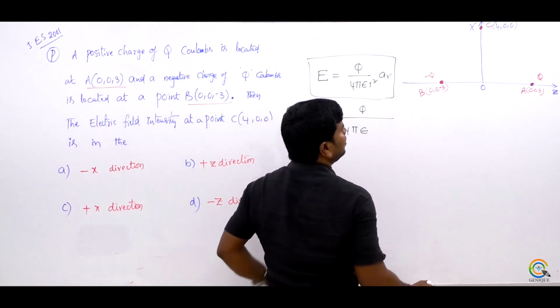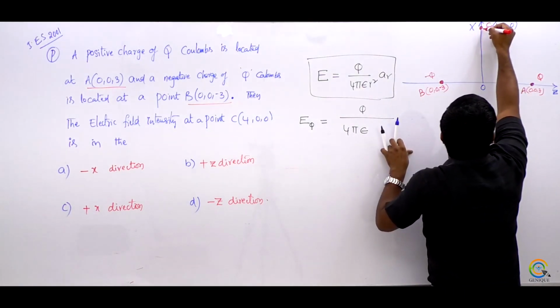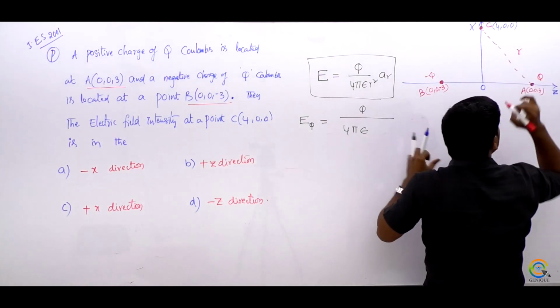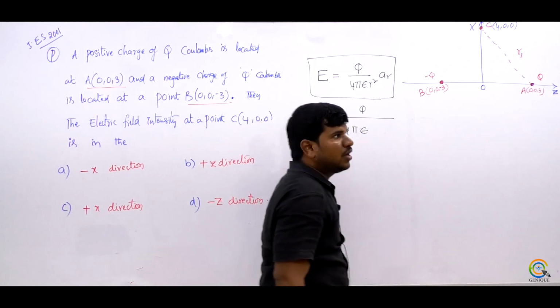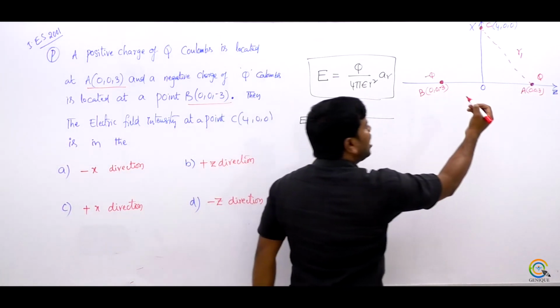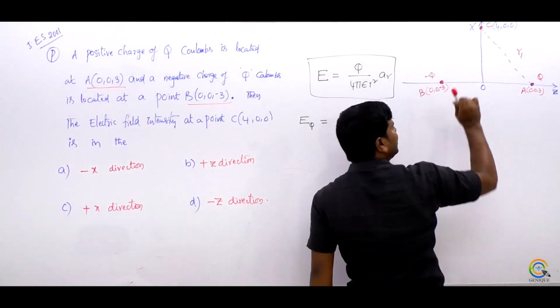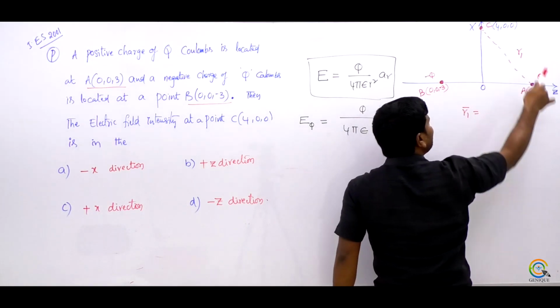What is R here? Okay. From here to here, what is the vector? Let us suppose this is R1. So what is this R1? R1 is a vector quantity. Okay, R1 bar is equal to final minus initial.